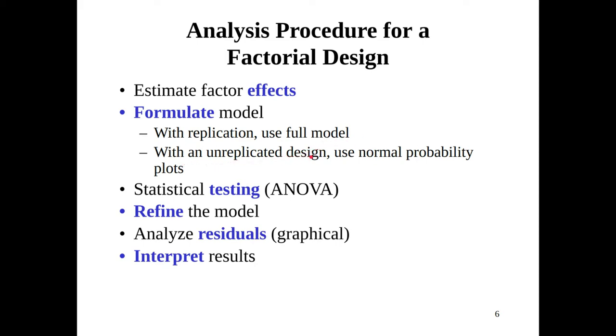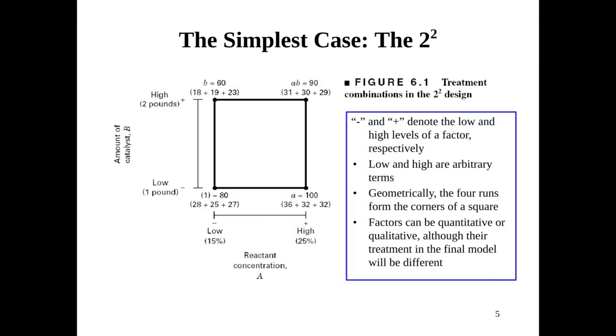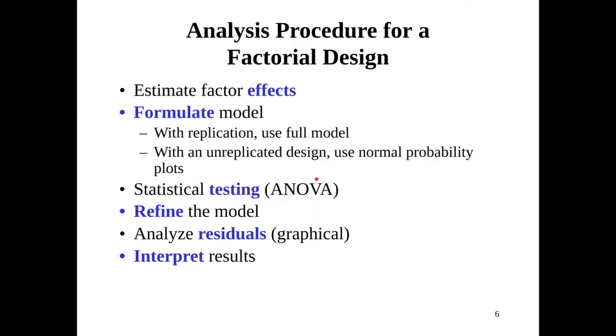With an unreplicated design, if we have only a sample size of one, the problem is that we won't be able to capture experimental error. In that case, there are some special techniques that we will learn, not in this video, but in a future video. This video will exclusively focus on this problem here. With an unreplicated design, one of the techniques is you can use normal probability plots. We'll use a problem to explain that.